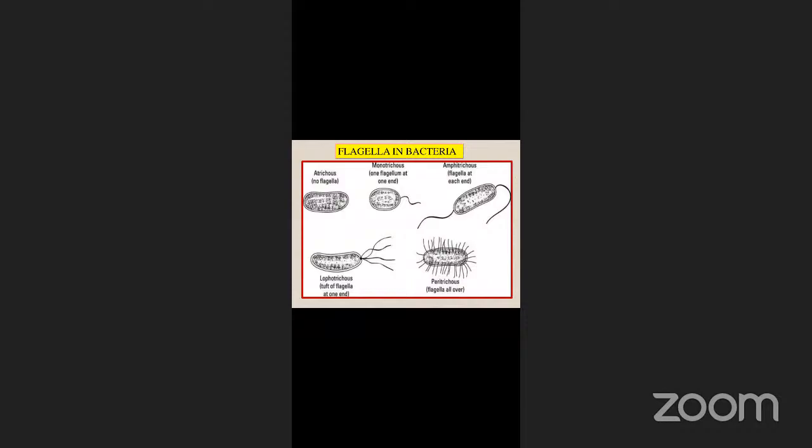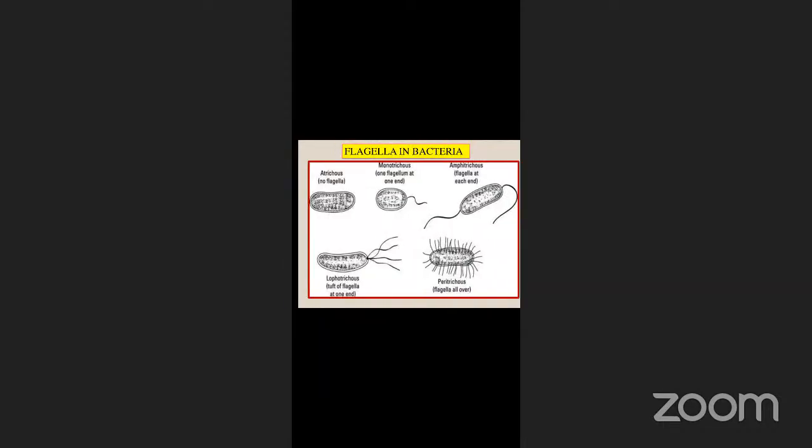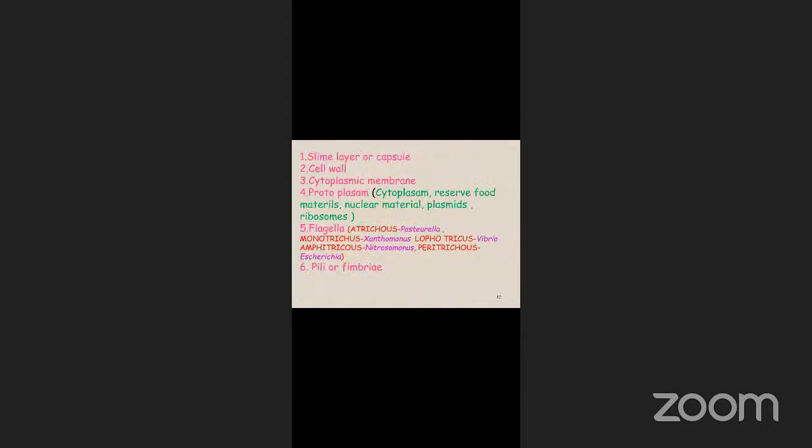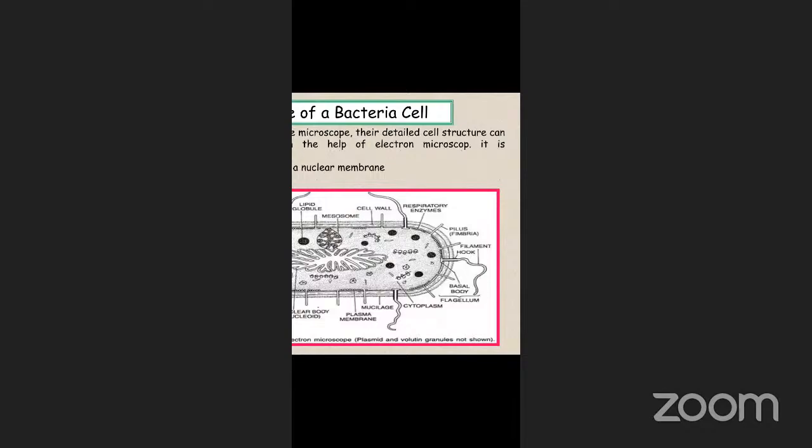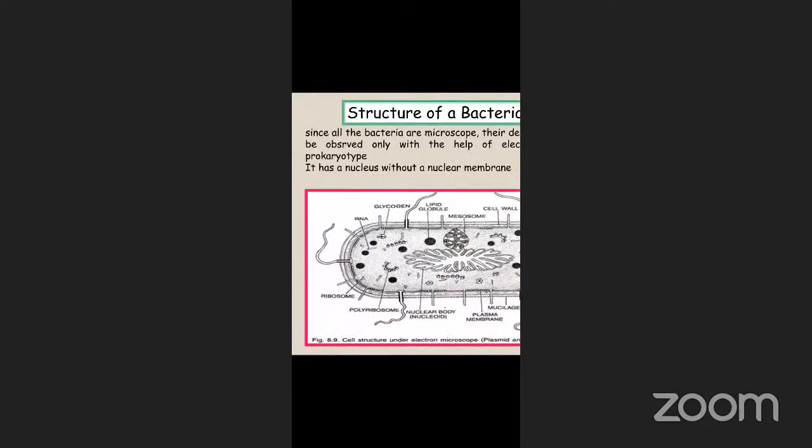Next, the last one in the bacterial cell wall structures is Pili and Fimbriae. Many gram-negative bacteria possess minute, fine, hair-like appendages extending from the surface of the cell wall. You see the diagram.